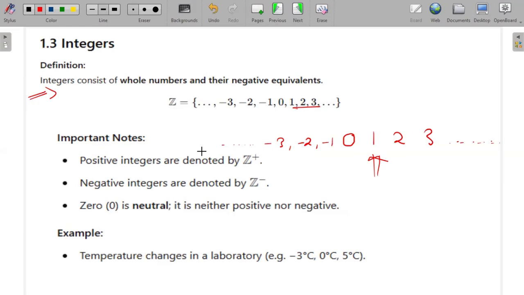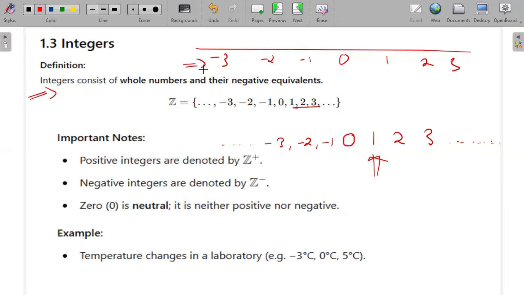Okay. So integers are very interesting numbers. I know back in secondary school, you were mostly encountering them on the number line. When you draw a number line, you put 0 and then you start with the negative numbers like this, and on the other side, you put the positive numbers. So these numbers that we are putting on the number line, that's what we call integers.